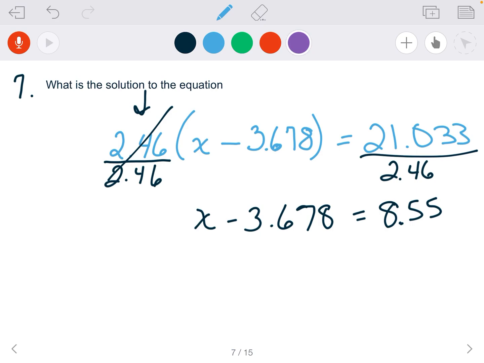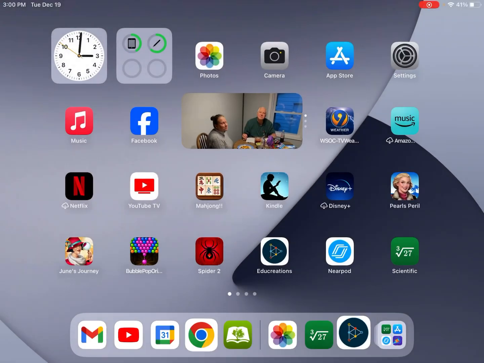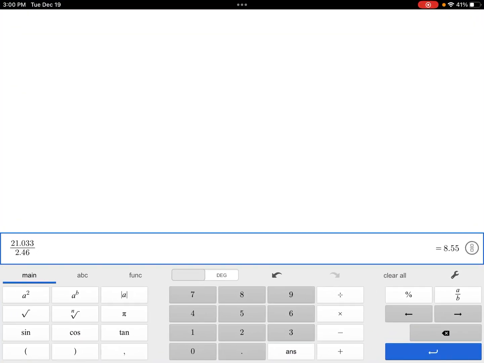All right, so next, I need the x by itself. How do I undo a minus 3.678? You add 3.678. What you do to one side of the equation, you have to do to the other side of the equation. These cancel out, giving me x equals 8.55 plus 3.678.